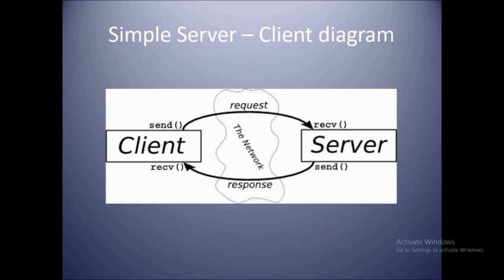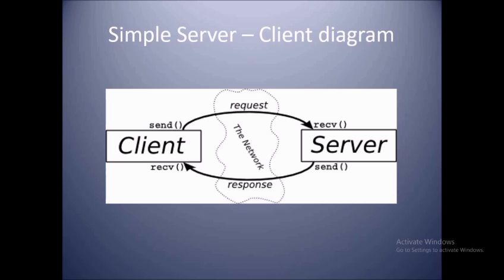In this way, these two communicate with each other. For example, when you type www.google.com in the address bar of your browser, your computer or whichever device you're using is the client, and you're requesting the web page from the Google server. It receives the request and gives you the web page you requested.